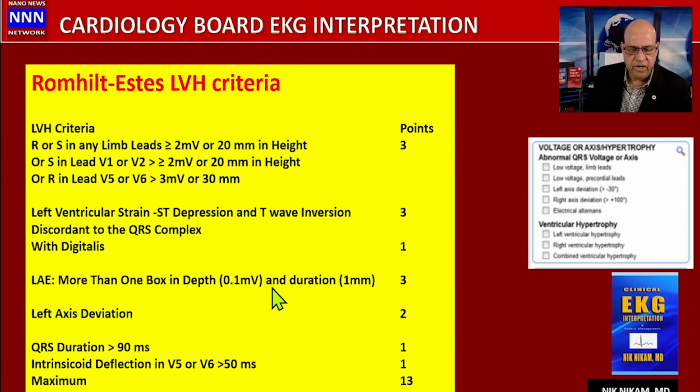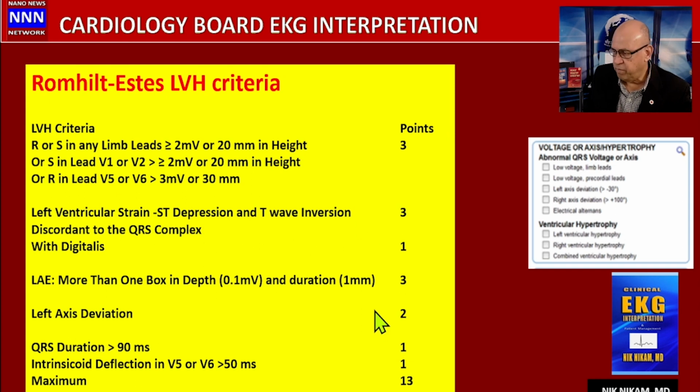Then if the left atrial abnormality is there, 3 points. Or if a patient has atrial fibrillation, that can be substituted for the left atrial enlargement. Left axis deviation, 2 points. QRS duration of more than 90 milliseconds, you get 1 point. And intrinsicoid deflection, that is how long it takes for the R wave to peak. If it's more than 50 milliseconds, you get 1 point.